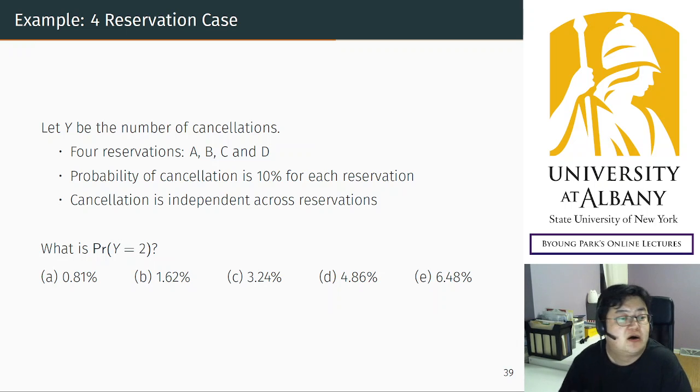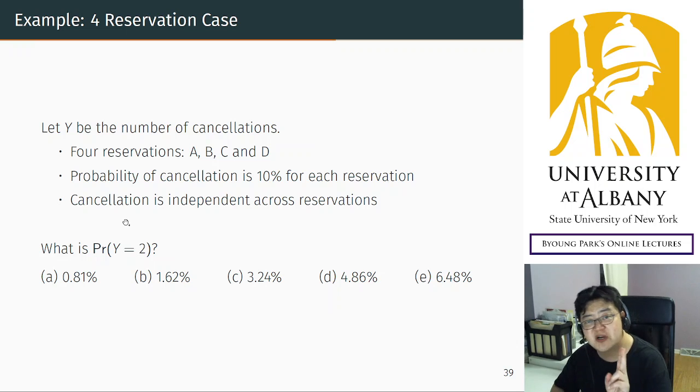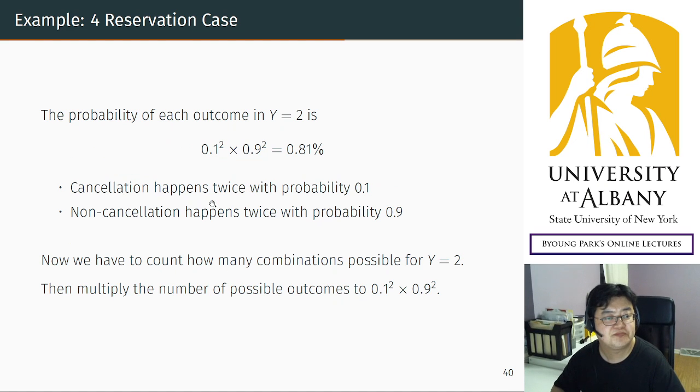So this was the question at the end of the previous video. There are four reservations, and we are looking for the probability that exactly two reservations are canceled, which means two are canceled and the other two are not. Two successes, two failures, right?